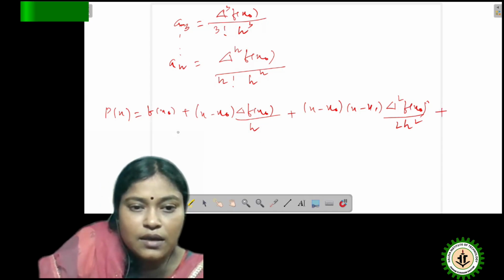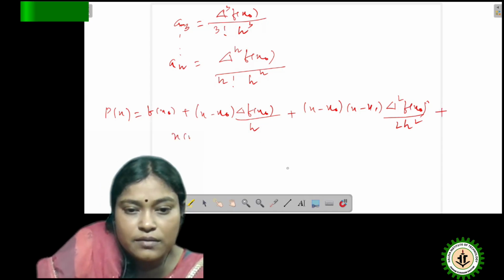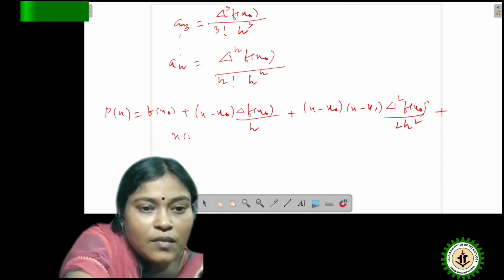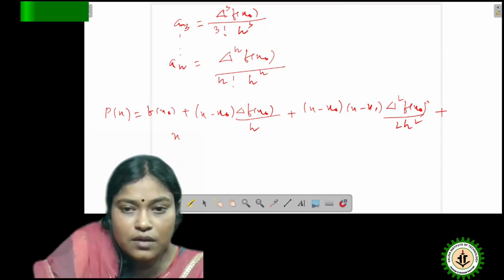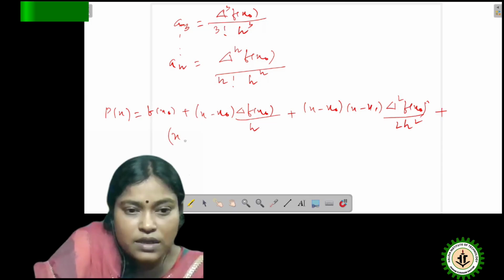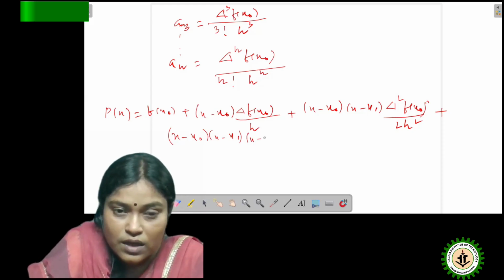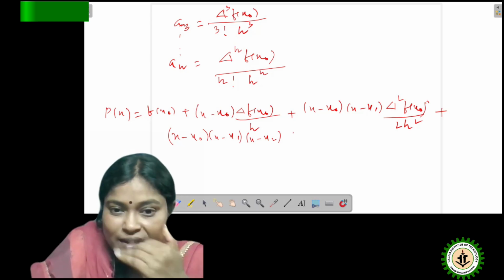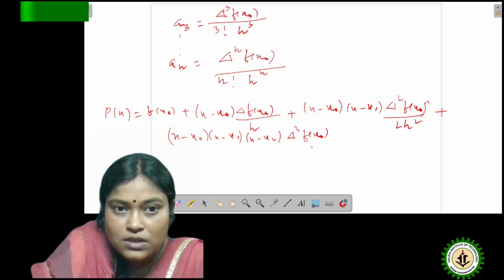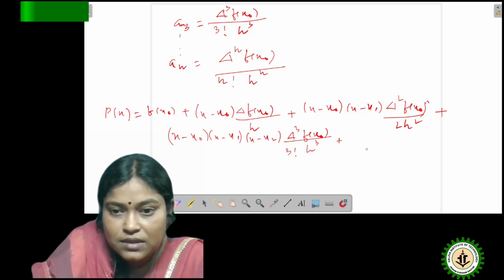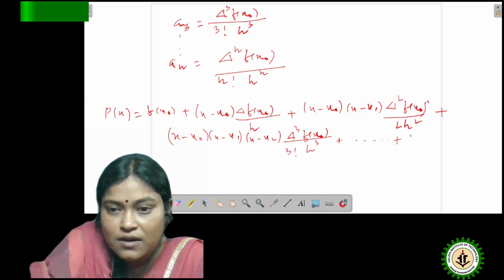Plus x minus x naught, x minus x1 into x minus x2 into a3. And what is your a3? Delta cube f of x naught by factorial 3 into h cube plus, I can write down the last term.